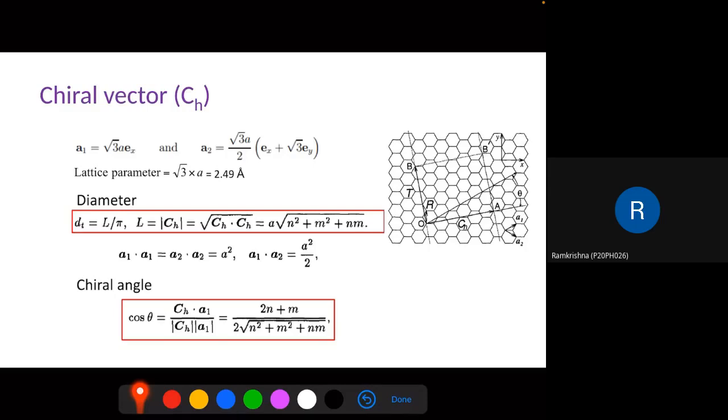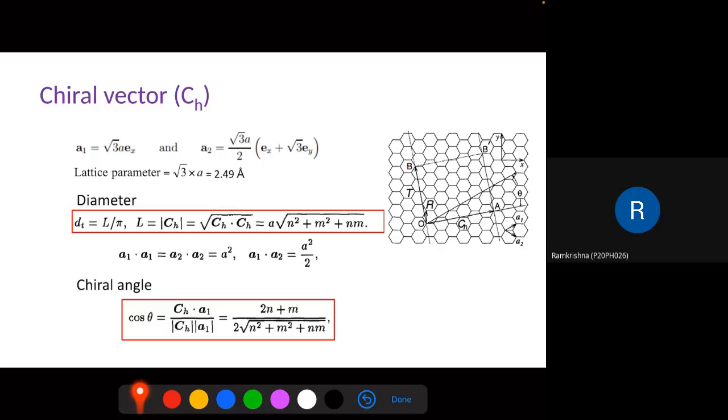And a is your lattice parameter, which is of the order of 2.4949 angstrom. And if you want to calculate the diameter, the diameter will be related to the circumference L. So when you fold, we have this OA, the chiral vector, and we bring point A to point O, and we bring point B prime to B.